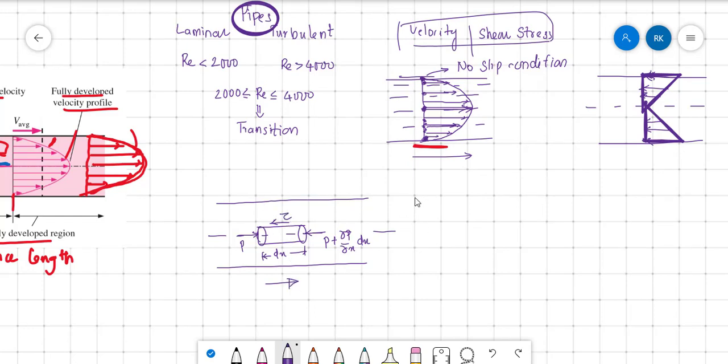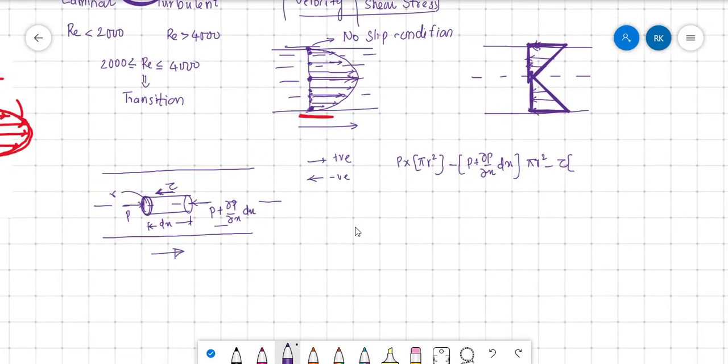So what will be the force balance? Considering this side as positive and this side as negative: pressure into area. What is this area? The radius is r, so pi r square. Minus P plus dou P by dou X into dx into the same area pi r square, minus tau into the surface area of that element.